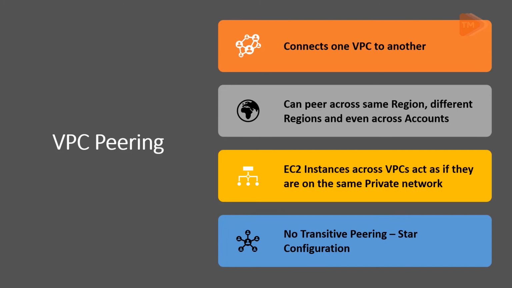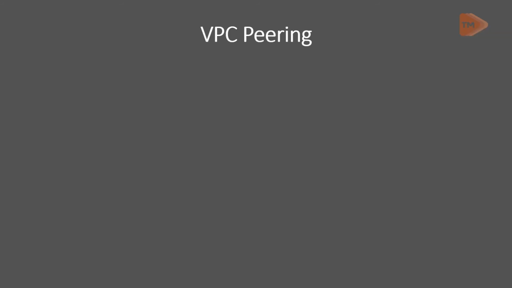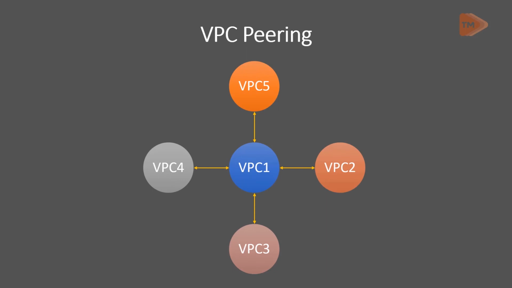Now, no transitive peering or star configuration. What it means, I will show you in this slide. When VPC peering happens, you'll see that VPC 1 is connected to VPC 2, and VPC 4 is connected to VPC 5.